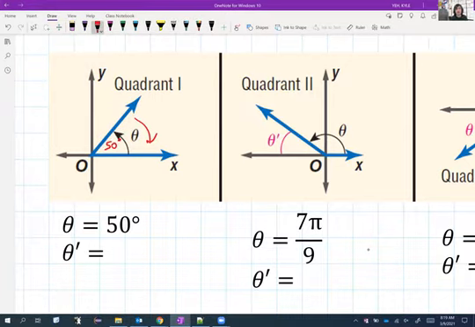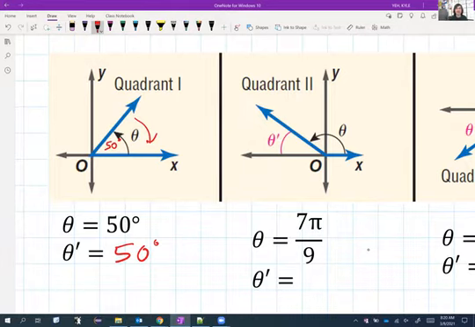That means that to get back, we should just travel backwards 50 degrees. Theta prime in this problem is 50 degrees. And as it turns out, for any angle between 0 and 360 degrees within the first quadrant, theta prime is just going to be our theta. We're just going to retrace our steps to get back to the x-axis.